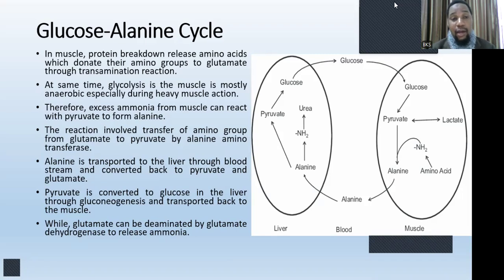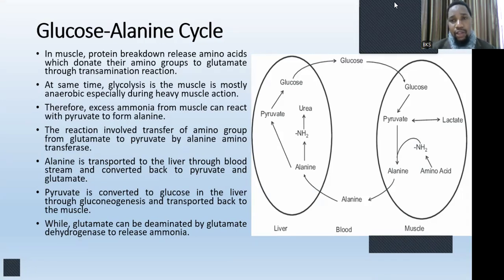The major mechanism that gives energy to these muscles is usually anaerobic glycolysis, where glucose is broken down to pyruvate. So you have a high concentration of pyruvate and lactate in skeletal muscles. Also, that energy is needed.